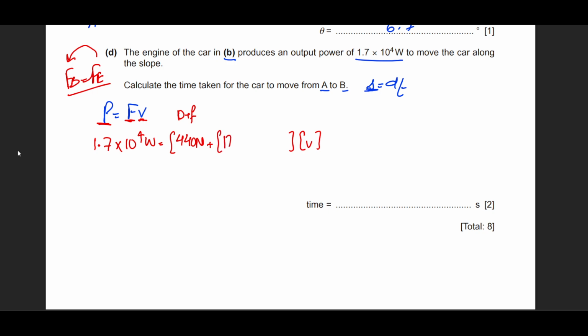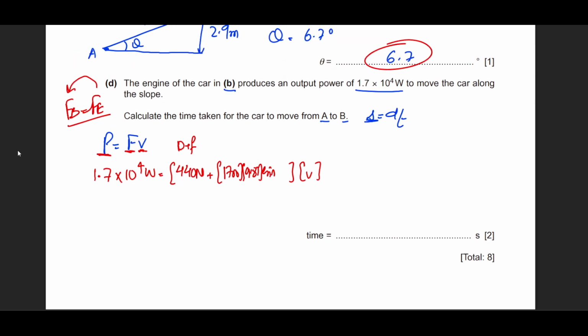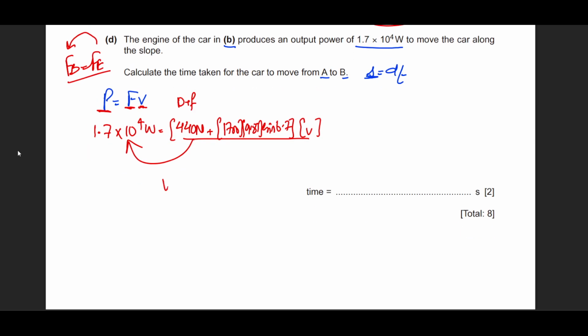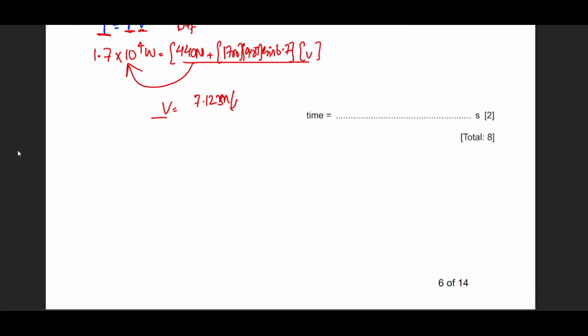So this will be 1700 into 9.81 into sine of the angle, that was 6.7 that you found in the previous part. When you perform algebra, this whole is added together and then divided with this one. So you find velocity as 7.12 meters per second. That means the car is moving at a speed of 7.12 meters per second.